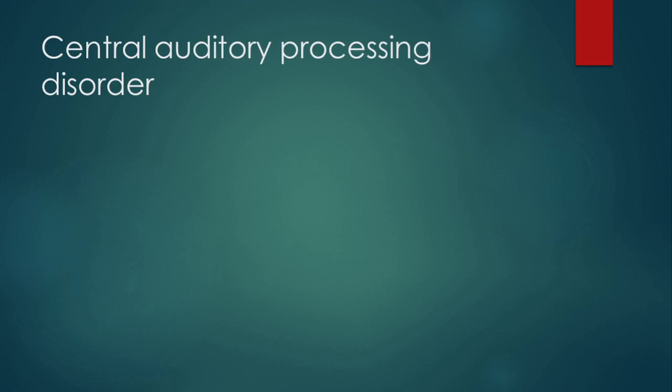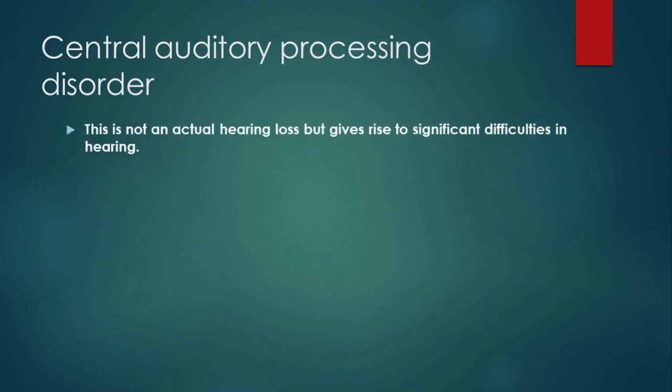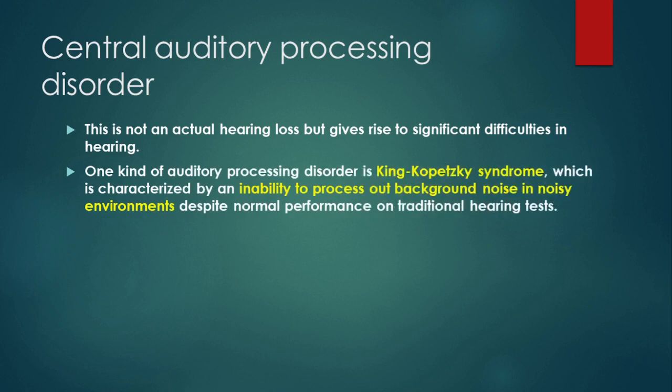Next is central auditory processing disorder. Actually, it is not hearing loss but a difficulty or disability in processing auditory information. An example for this is King-Kopetzky syndrome. The person can perform well in a hearing test, but if he is in a noisy environment, he finds difficulty in processing out background noise.